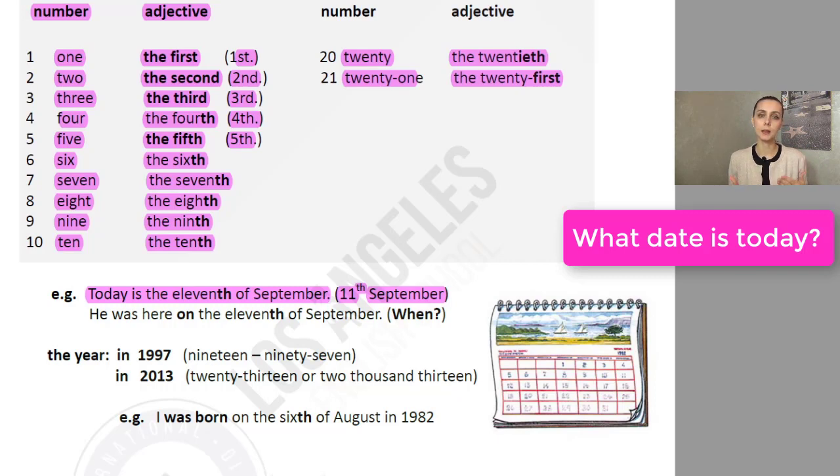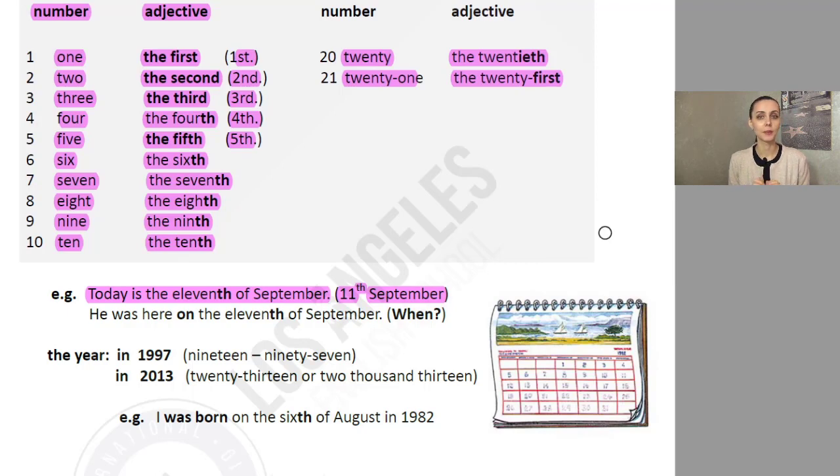So what day is today for you? Okay. Great job. So this is how you can say the date when the question is what day is today, or you just say the date. When you have a question with when, for example, when were you born?